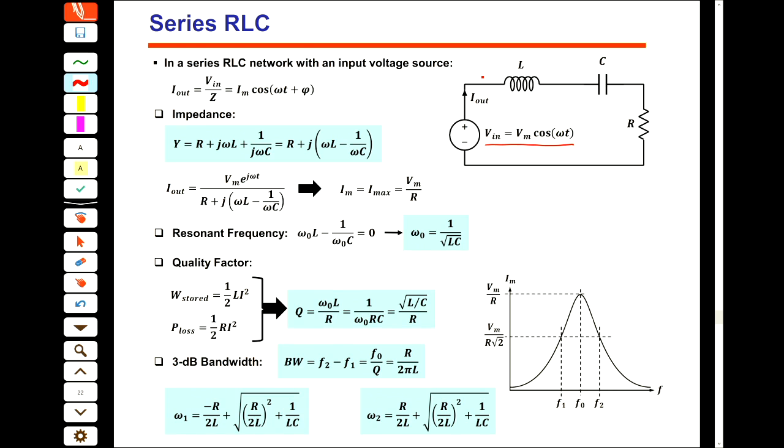Then the current which passes through this circuit, if we look at the impedance of this circuit Z in from this point, is V in divided by Z. And again, this has an amplitude and a phase shift based on the value of L and C.